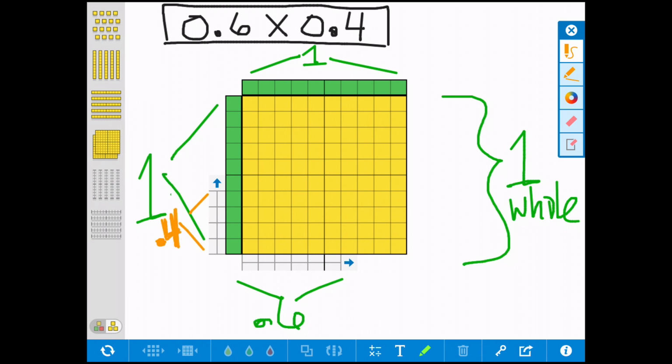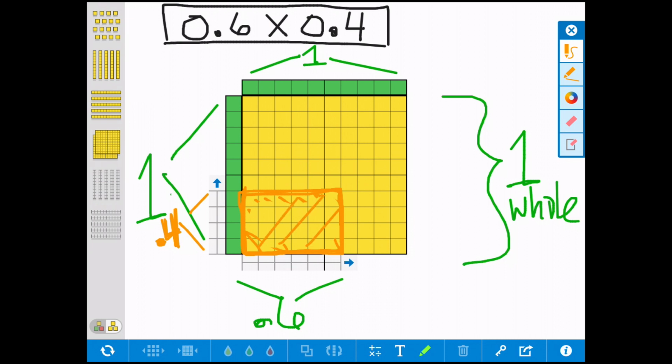All right. So if we wanted to see what that whole rectangle is, it's right here. Here is a rectangle that is 6/10 wide and 4/10 tall. Then I'm going to do a little bit of erasing because I got a little excited with my erasing there.